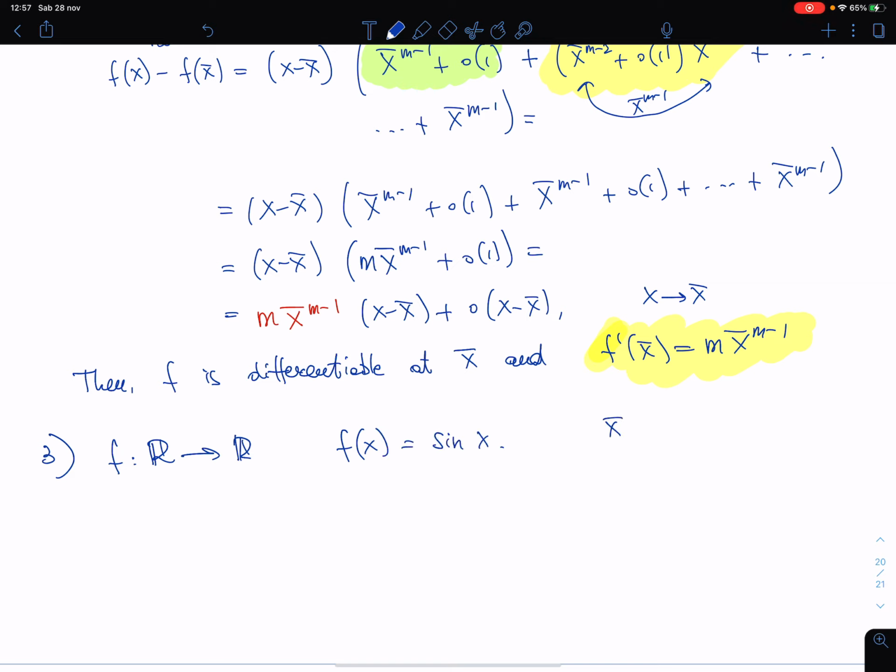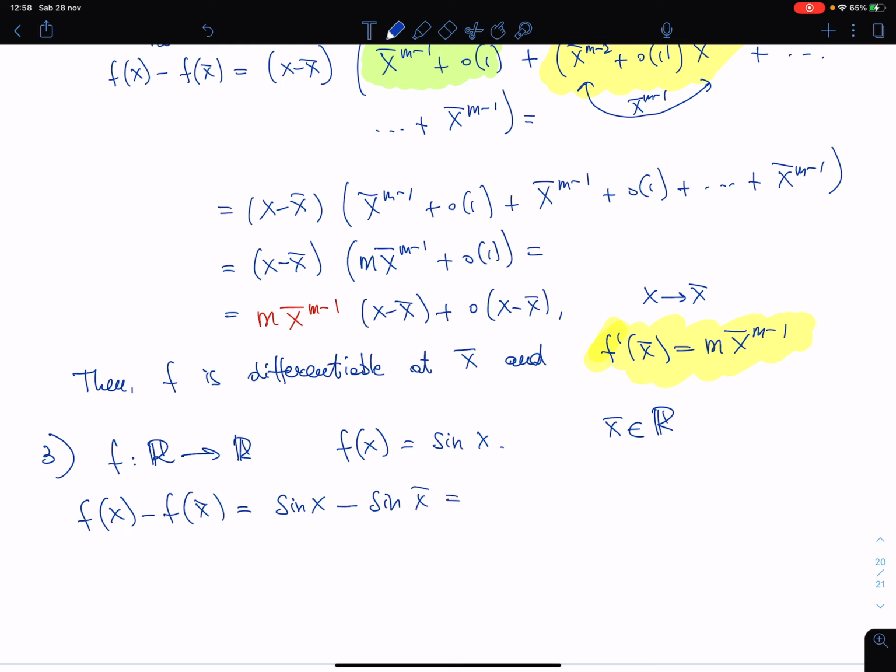And x bar is a real number, and we have that f of x minus f of x bar is equal to sine of x minus sine of x bar.